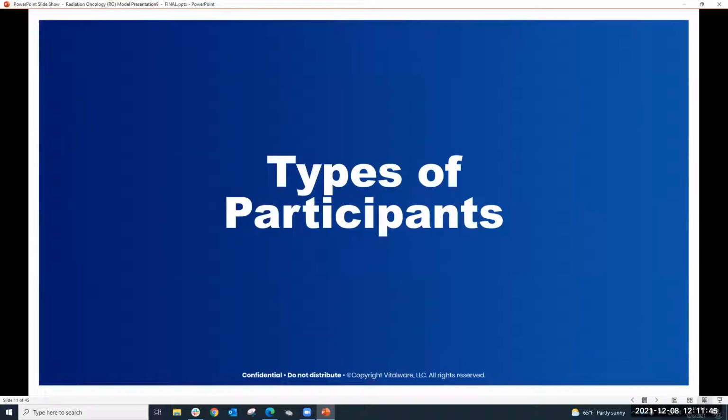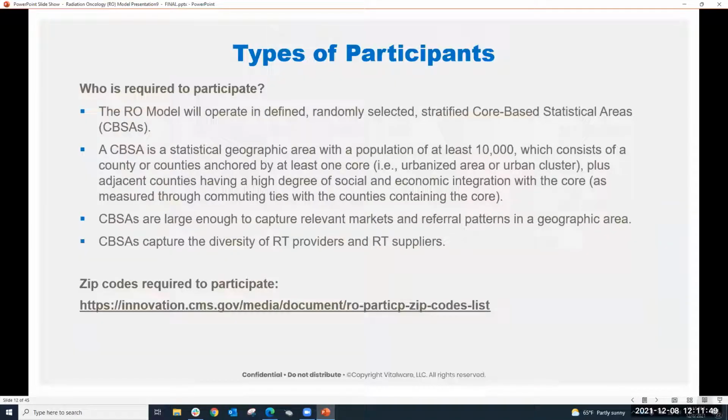Now we're going to look at the types of participants that are required to participate. CMS determined participants by randomly selected stratified core-based statistical areas, also called CBSAs. These areas had to have a population of at least 10,000, and they had to have a high degree of social and economic integration with the core, for example an urbanized area or an urban cluster.